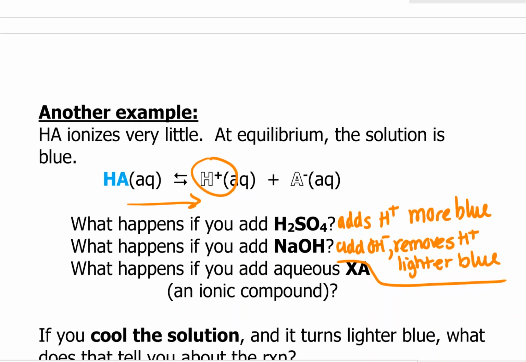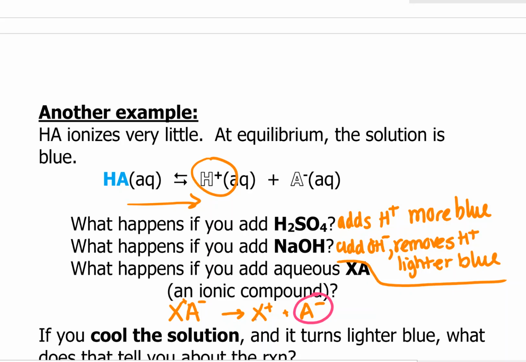What if you added this XA? So XA is an ionic compound with some other cation. And when you put an ionic compound in water, what it does is it splits apart into ions. And so the effect of adding this XA is that you're going to get more of the anions floating around.